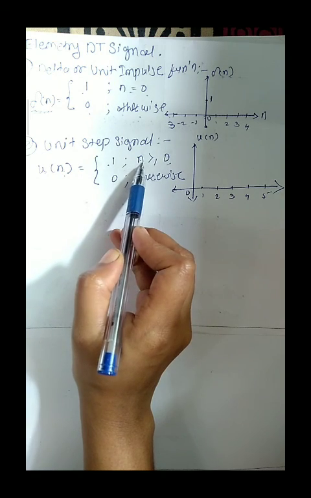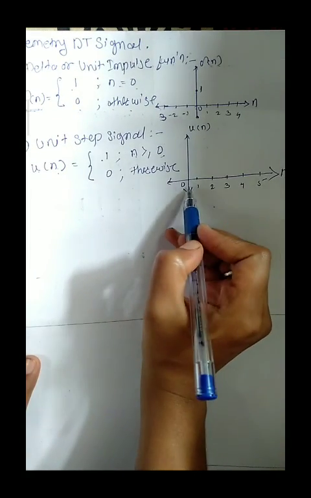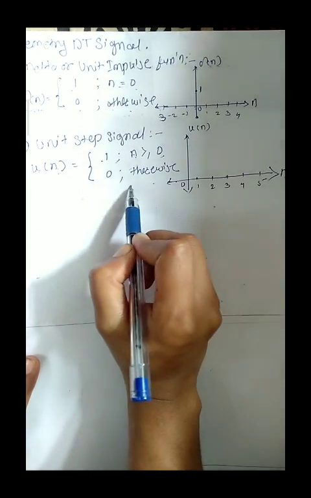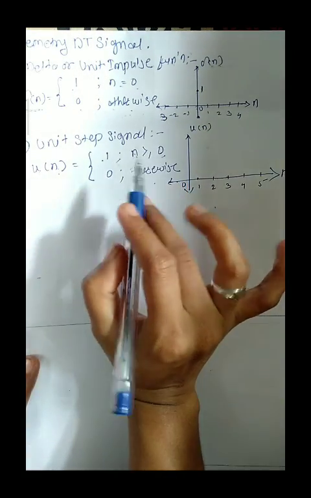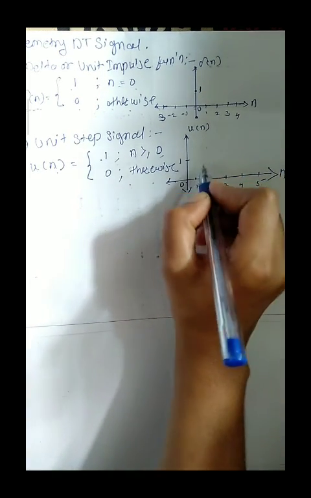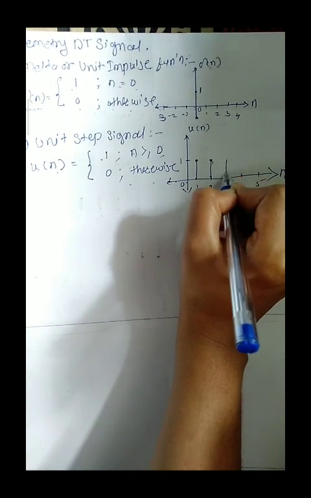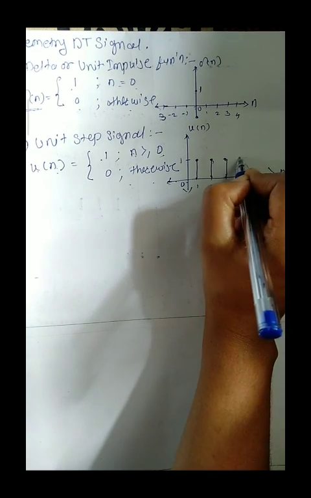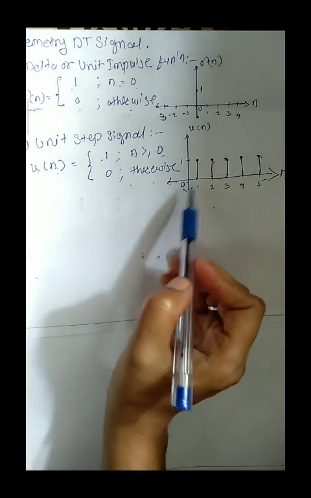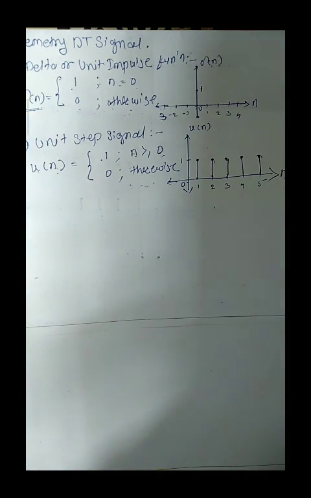That means for all values of n less than 0, that is minus 1, minus 2, minus 3, the value is 0, and only for values of n greater than or equal to 0, that is 0, 1, 2, 3, 4, 5 and so on, the value is 1. It's called the unit step signal.